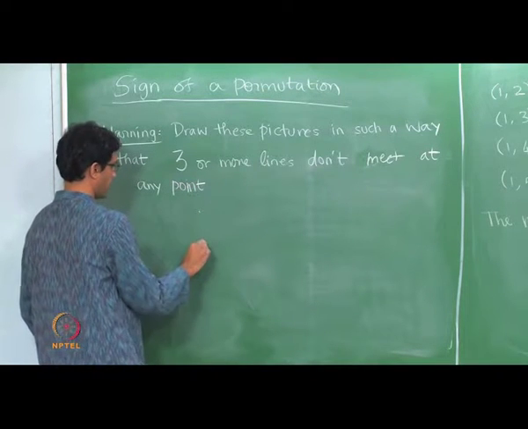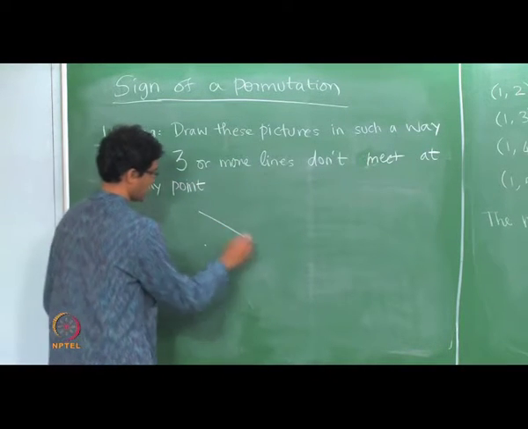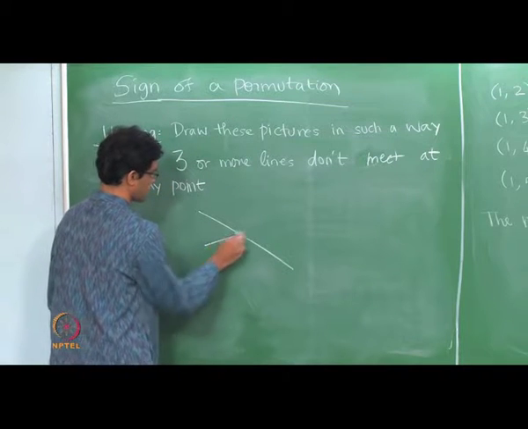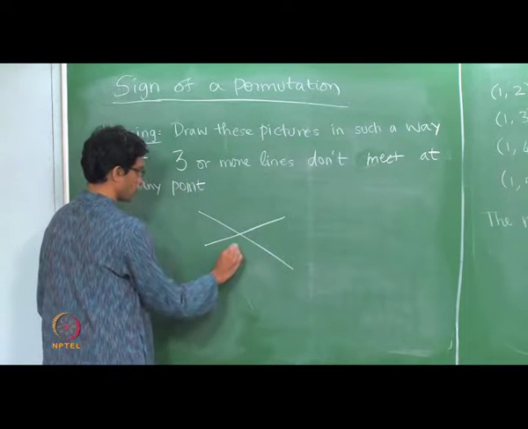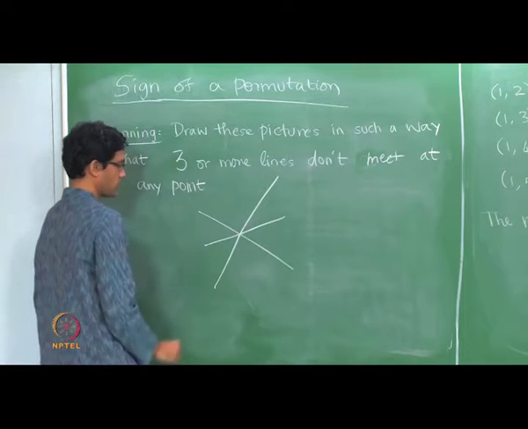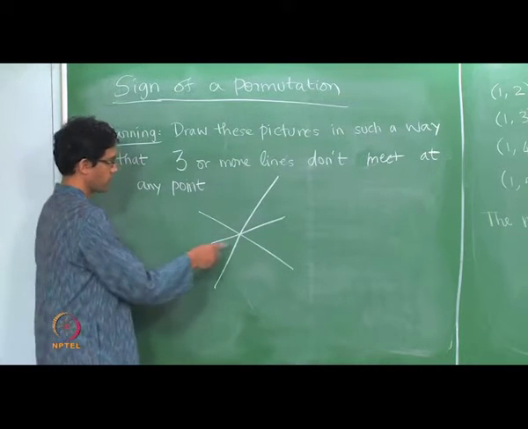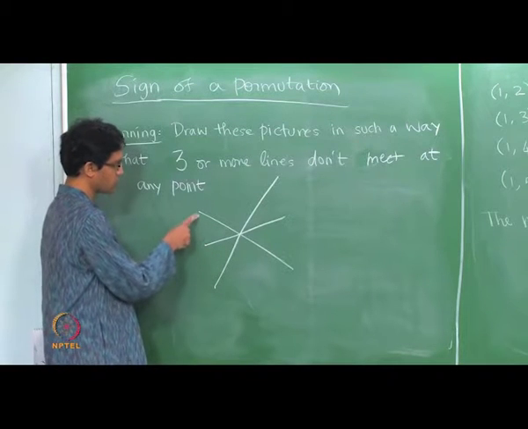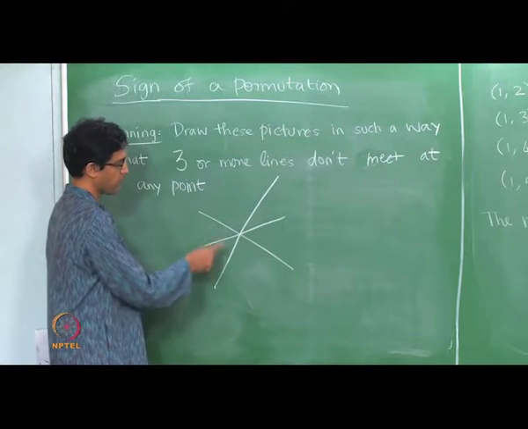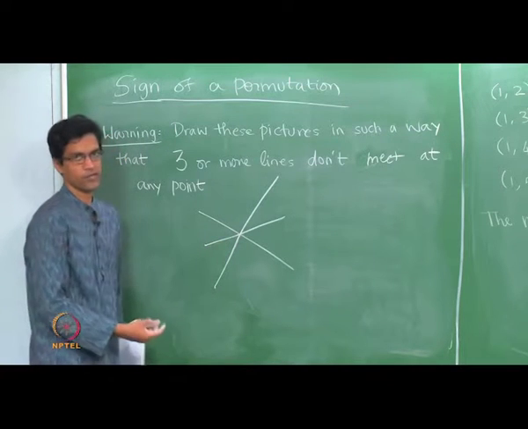So for instance, if I had something like this, and if you drew the third line also going to the same point, then counting the crossings becomes somewhat trickier. Technically, these 2 lines meet, these 2 lines meet, and the first and the third lines also meet at that point.